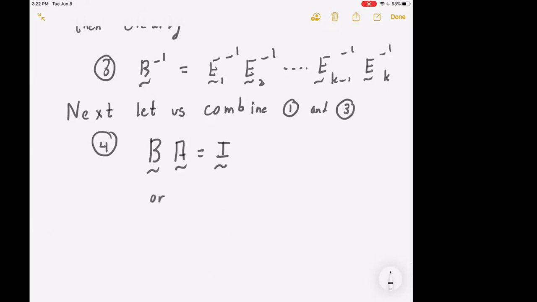Or again, since we know all the properties of taking the inverse of a matrix, you can explicitly solve for A by just taking the inverse of B and left multiplying both sides of equation 4 to get 5.